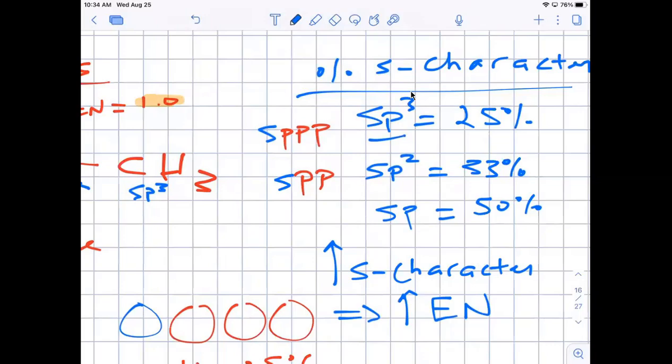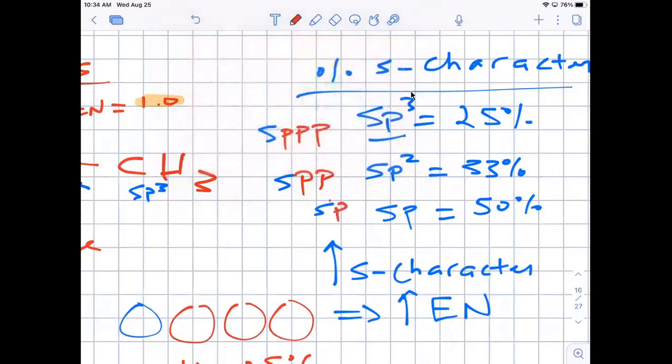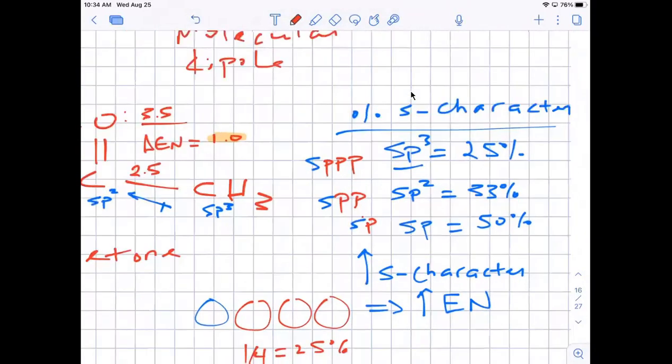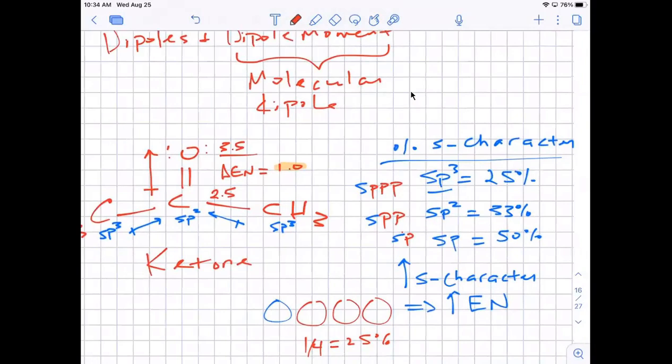Down here, same thing, 1 out of 2, 50%. So when I say something is sp2 hybridized, I'm saying it's 33% S. If it's sp3, it's 25% S.